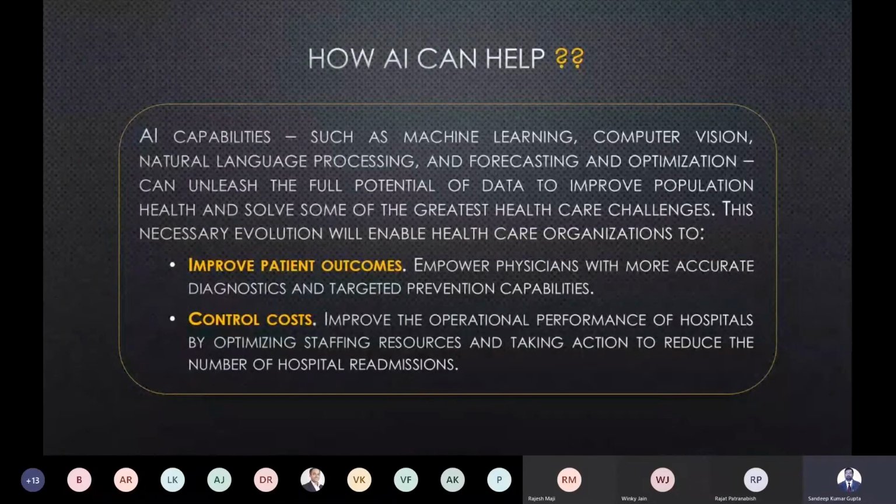And apart from patients, firms can control cost and reduce operational cost through various interventions at the hospital level in terms of resource management, like optimizing staff resources: how much staff we need at a particular point of time. Under COVID-19, what sort of resources we need, staff should be trained in certain things, right? If we have some constraint as far as availability is concerned, how will we manage all those things? That's part of optimization, like taking action to reduce the number of hospital readmissions.